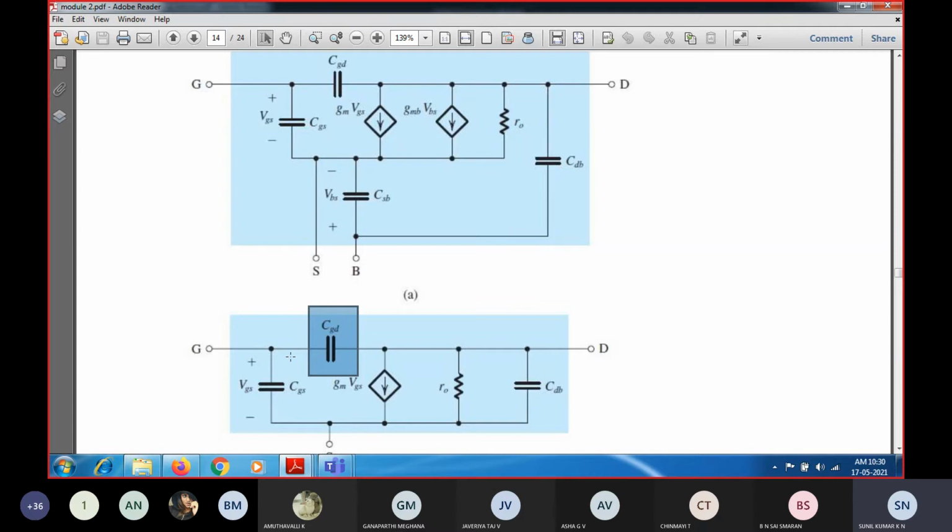The same way here also, you are going to have one capacitance between the drain and gate terminal. So when you have a feedback path from drain to gate, it is nothing but negative feedback. So with negative feedback, the gain in the mid-band frequency is higher.